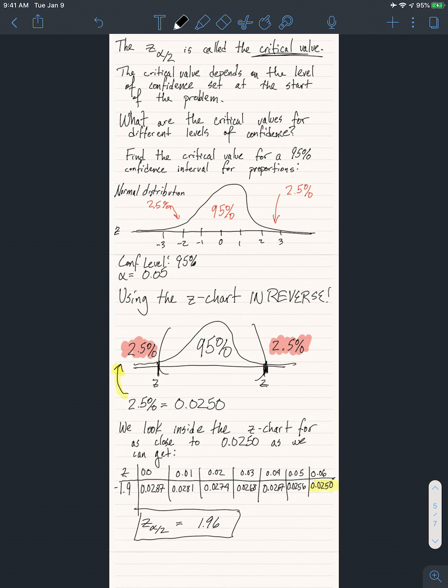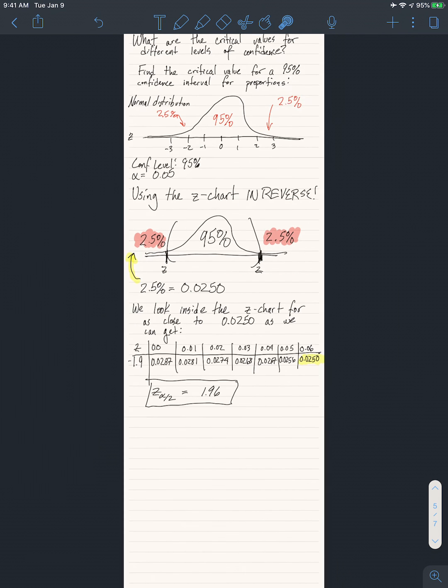This critical value is found by putting the level of confidence in our normal curve, leaving 5% left over to be split out on both sides, right? This is 5% total left split out on both sides.